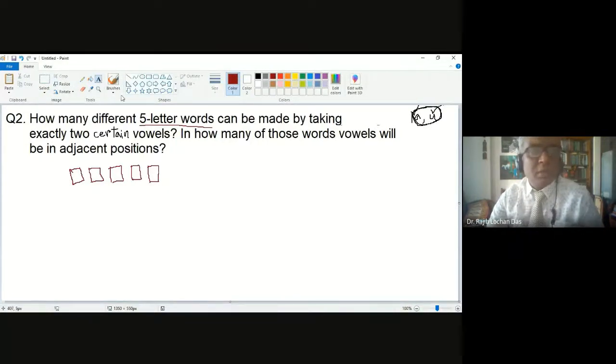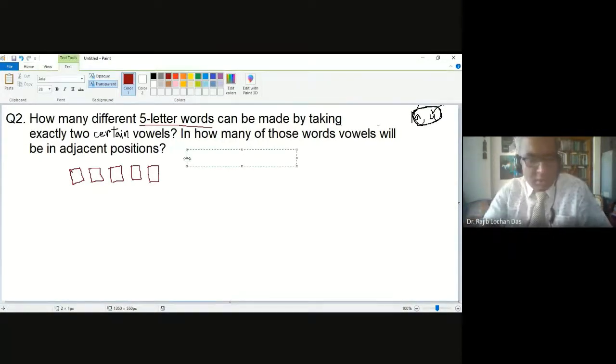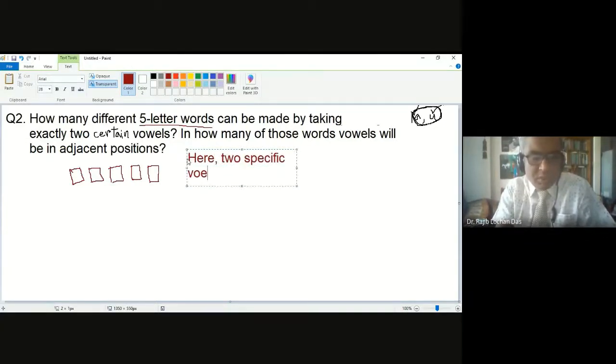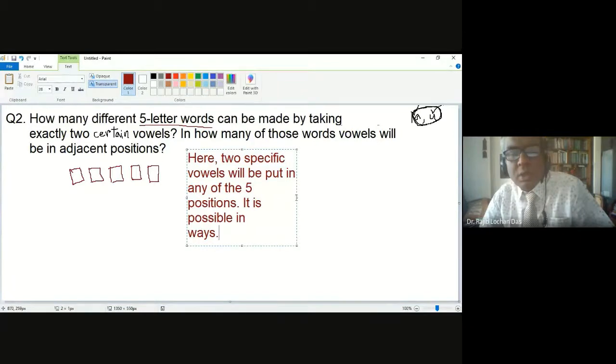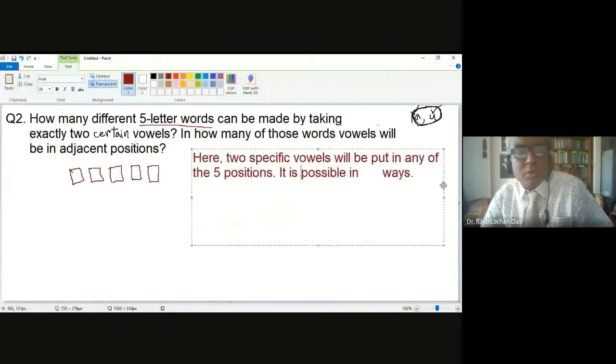So let me write it down here. Two specific vowels will be put in any of the five positions. So it is possible in 5p2 ways. That is the thing you have to consider first.